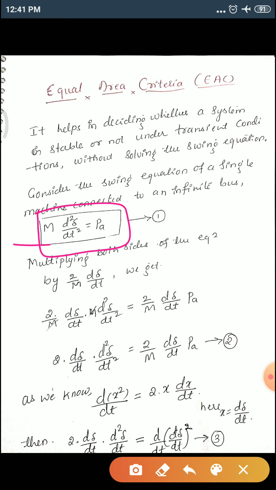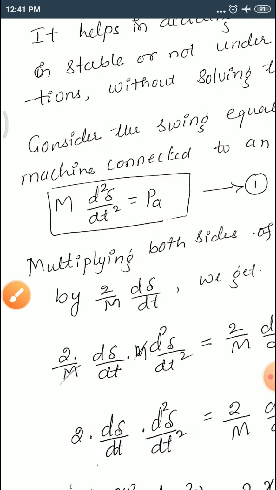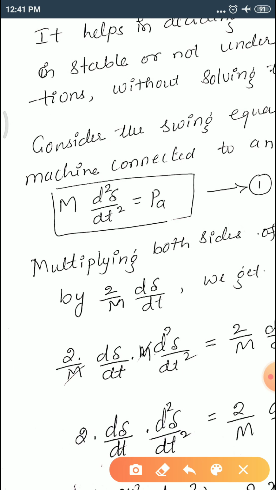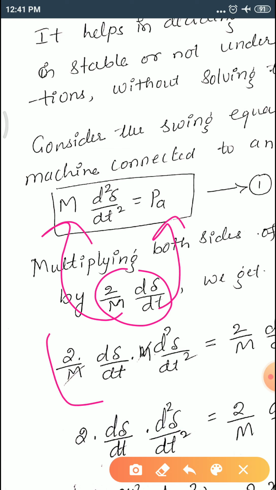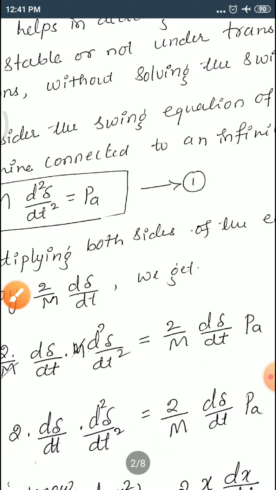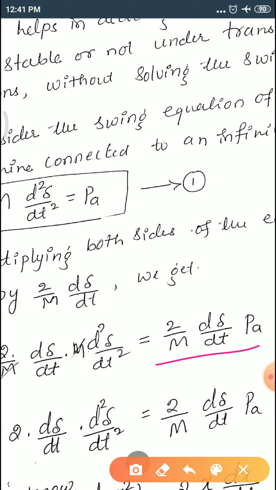What we can do is multiply this equation by 2 by m into d delta by dt on both sides. On the left hand side we get 2 by m d delta by dt into m d square delta by dt square, and on the right hand side again 2 by m d delta by dt into Pa.